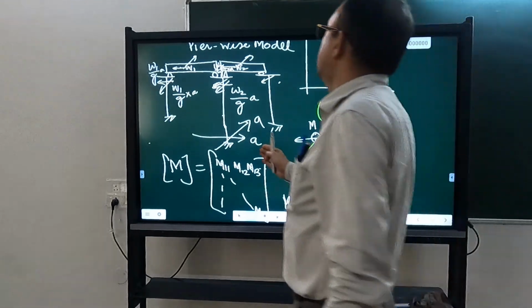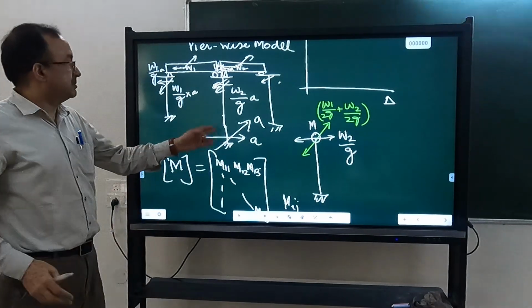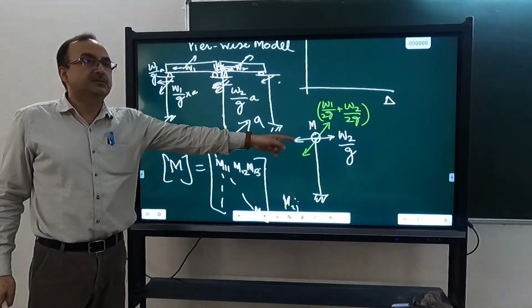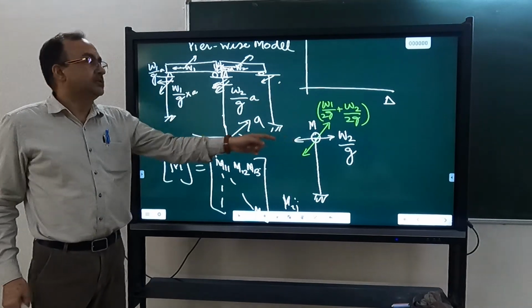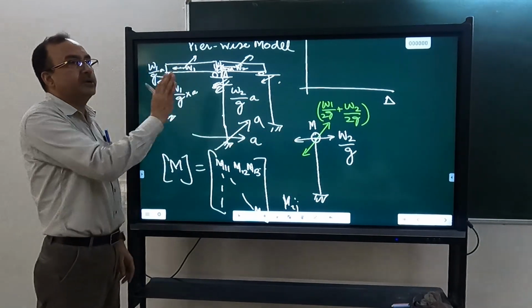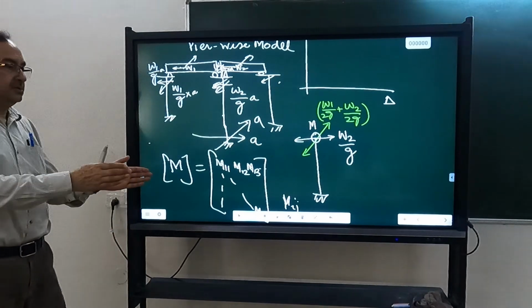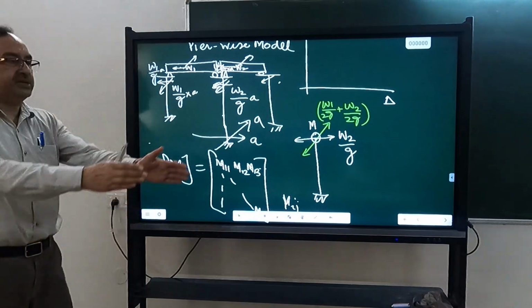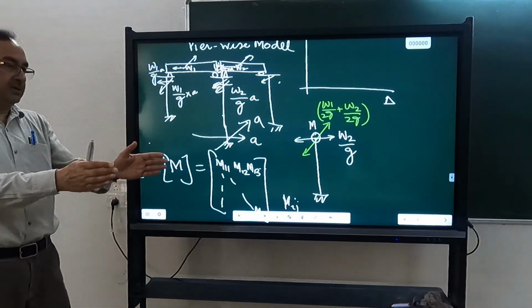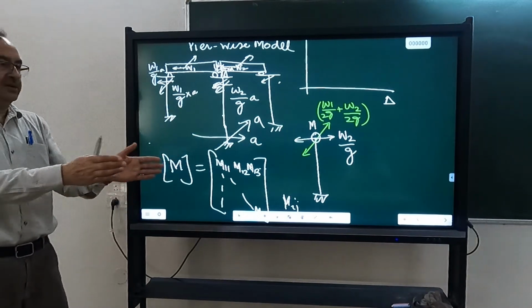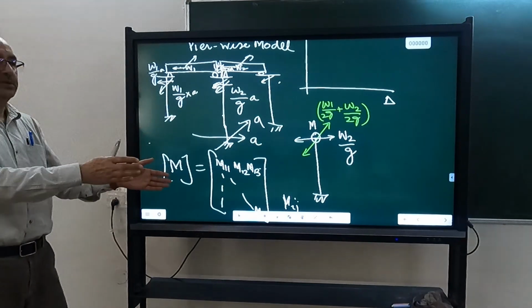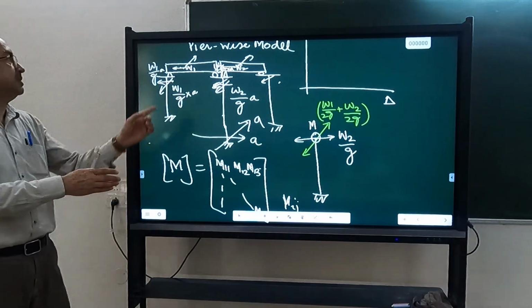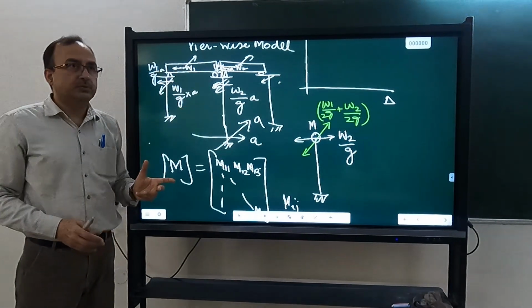The central pier is most flexible and it is subjected to larger force also, so it is going to vibrate more. In the superstructure, you will get a torsional motion. In the longitudinal direction, it will go in line, but in the transverse direction, the central pier is going to move more and the end piers are going to move less. So there will be a torsional motion in the superstructure also.